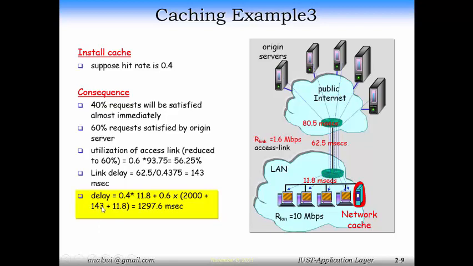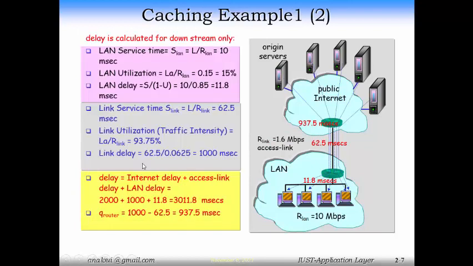Maybe someone asks me, okay, how did you calculate the delay of this access link? It's simple. In the first scenario, as I calculated, the link was utilized about 93.75%.